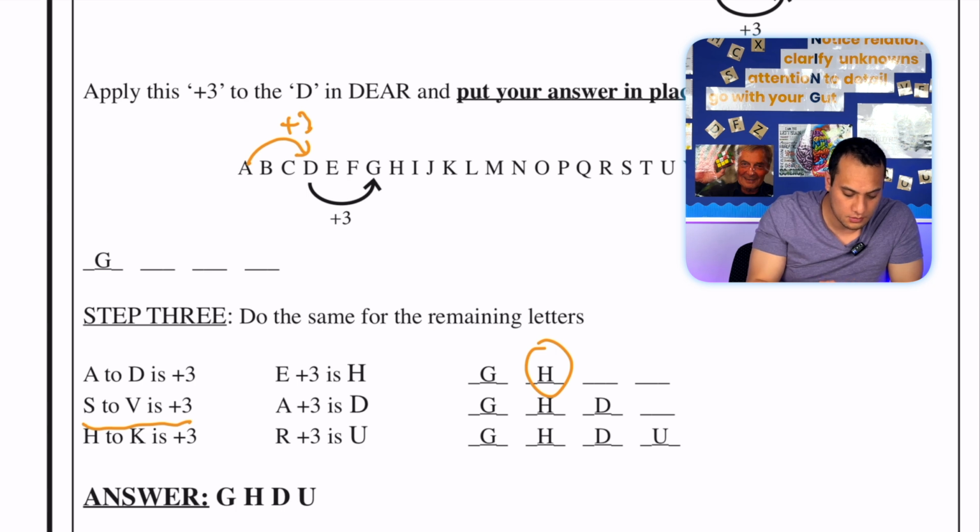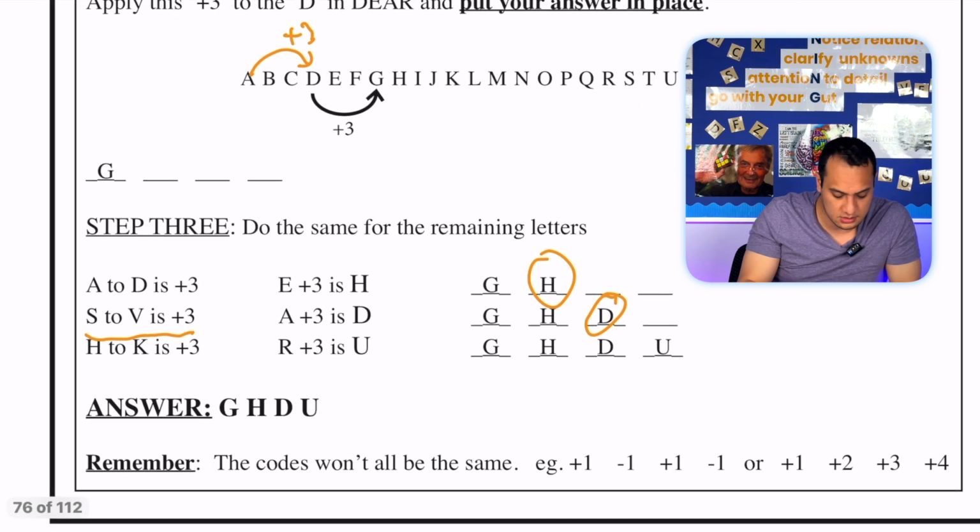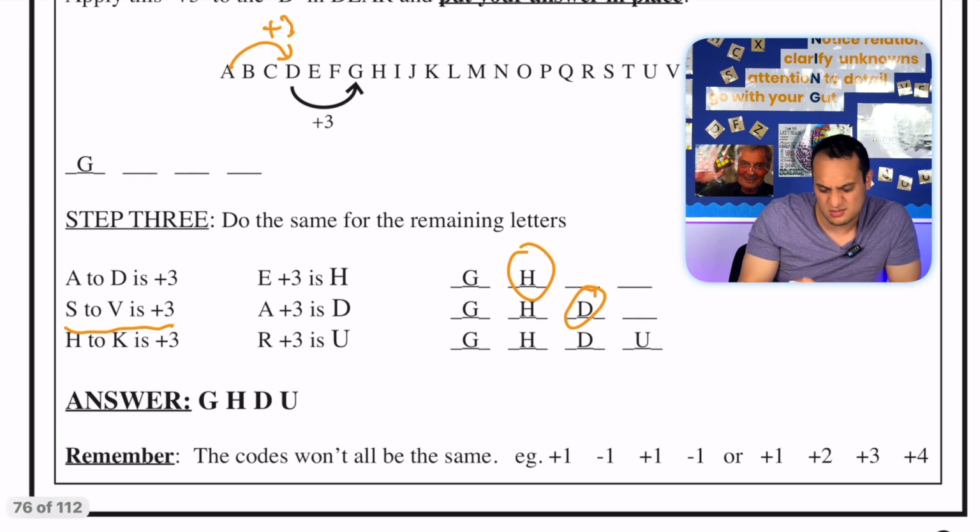And then in the word deer, if we move forward 3 letters, it's D. So that's why D is there. And then from H to K is also 3 letters forward. So R and 3 letters forward from R will be U. So you get the code GHDU.